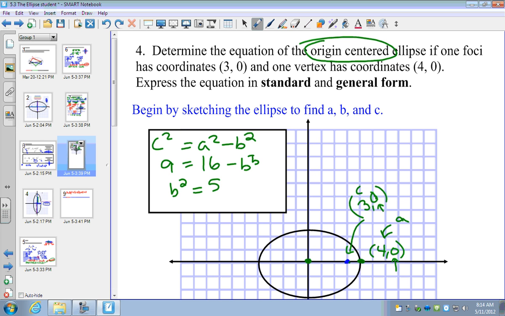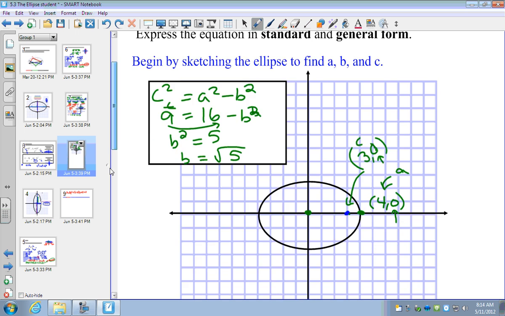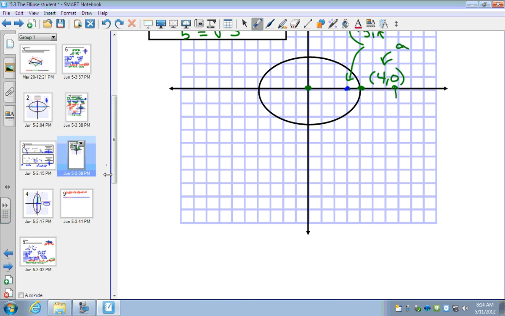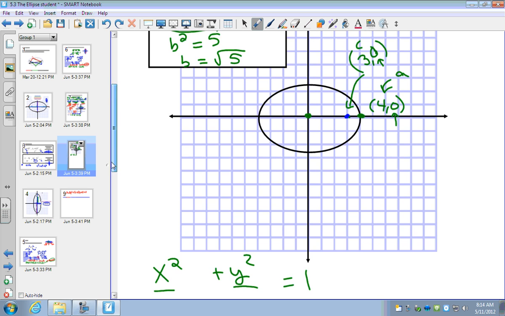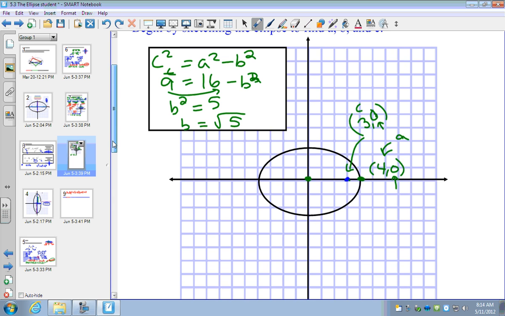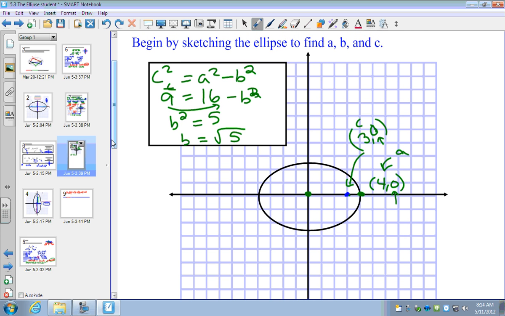What I did is I took my b over here and my 9 over there. So b is going to be the square root of 5. And that should help us do a couple things. Because it's centered at 0, I know I'm going to have x squared plus y squared equal to 1, and I just have to find the numbers that go underneath. This is a horizontal ellipse.